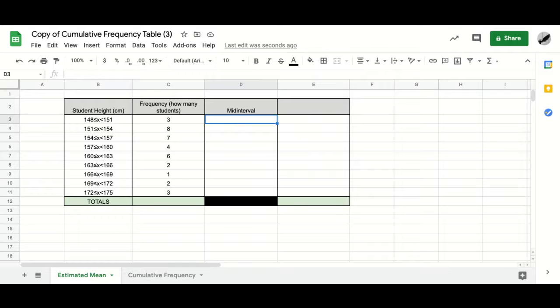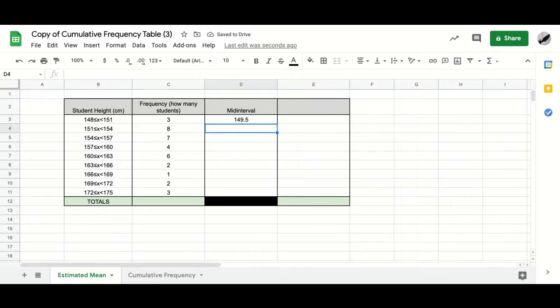Take the average. Whenever we want a number in Google Sheets or Excel, we press equal. That means we're going to calculate something. I want the average, so in parentheses, 148 plus 151, and the average is divide that by 2.